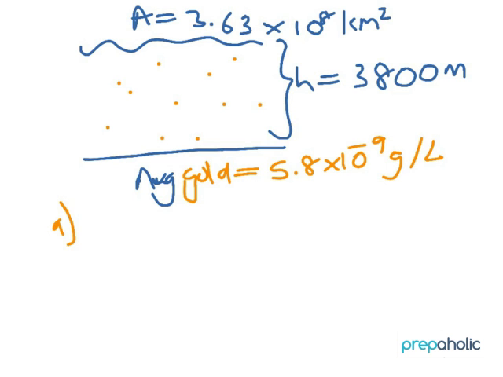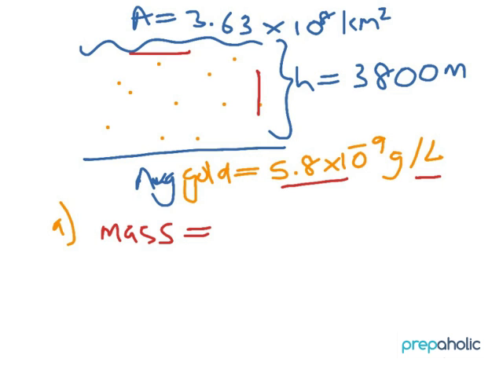Okay, so how would we go about doing this? We need to calculate the mass, but we know the concentration of gold, which is basically the mass of the gold present in 1 liter. And we also know the volume of the ocean because we are given the area and the height of this ocean.